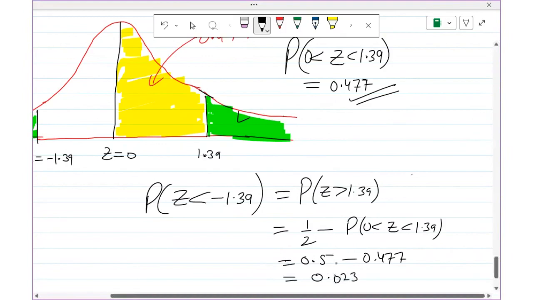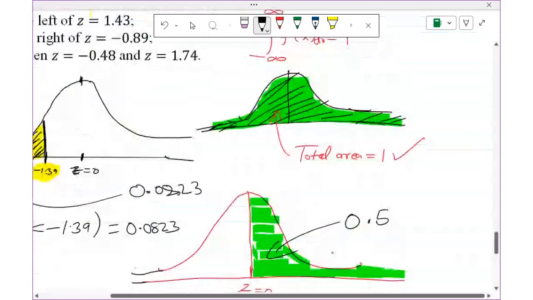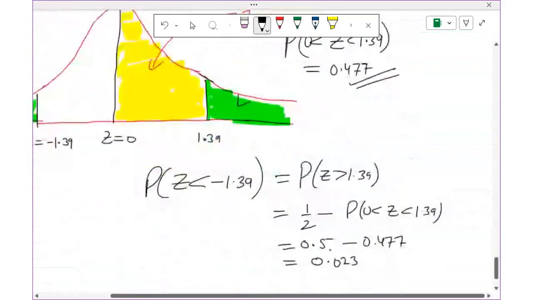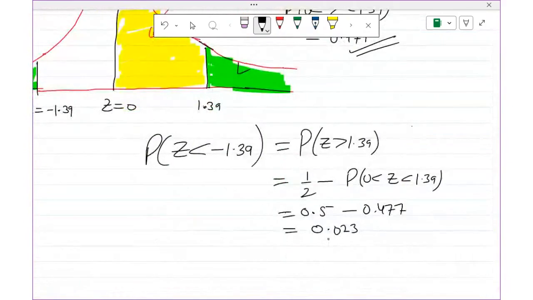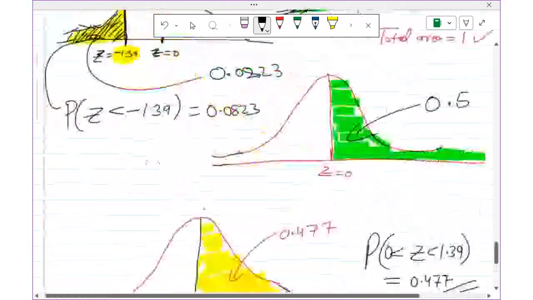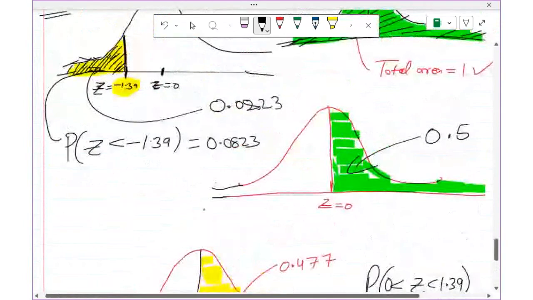But our answer in the previous case was 0.0823. How is it possible? Let me see what mistake we are making. 0.023 is coming, but this should actually be 0.0823.